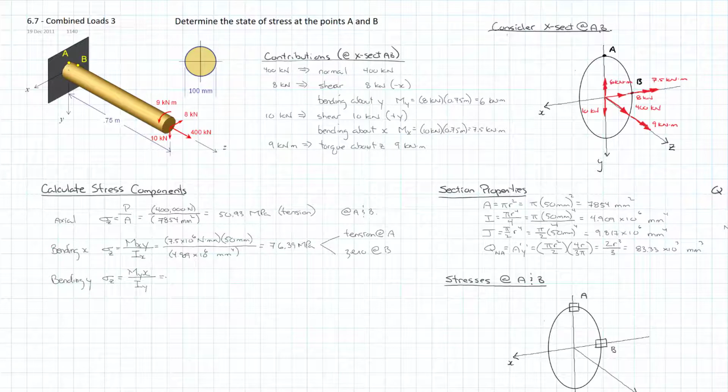over Iy. And so this moment then is equal to our 6 kilonewton meters, or our 6.0 times 10 to the 6 Newton millimeters. Again, our x direction is our radius of 50 millimeters, and our I is the same, 4.909 times 10 to the 6 millimeters to the 4th.